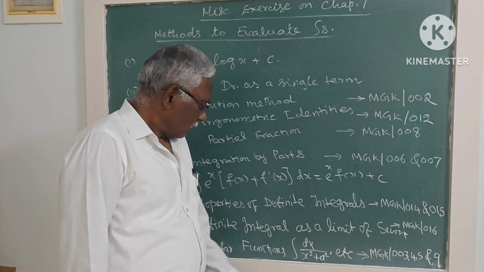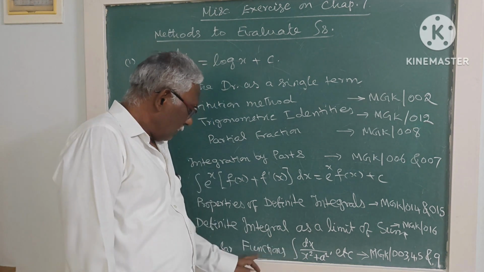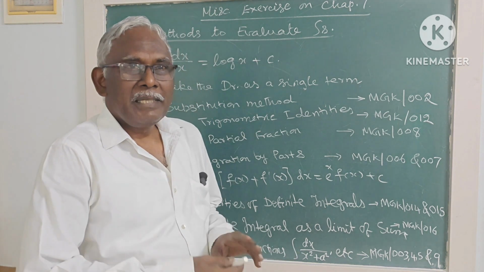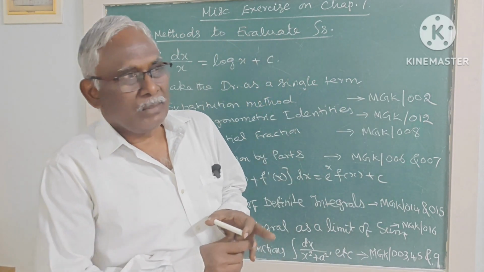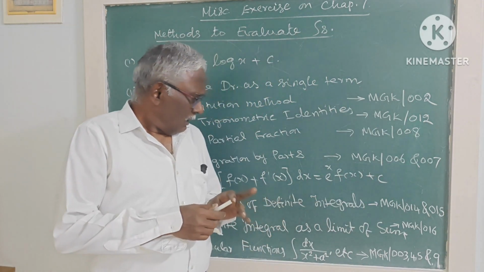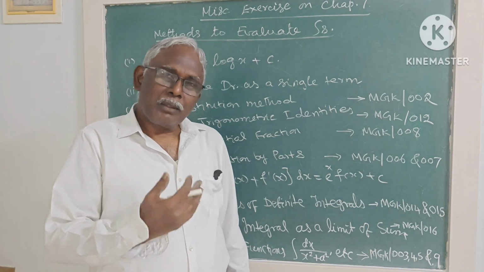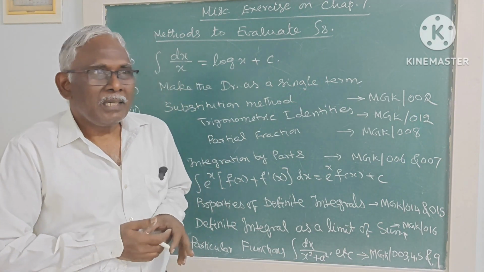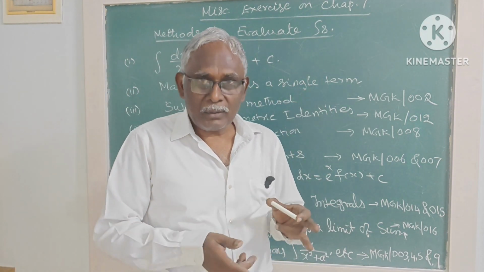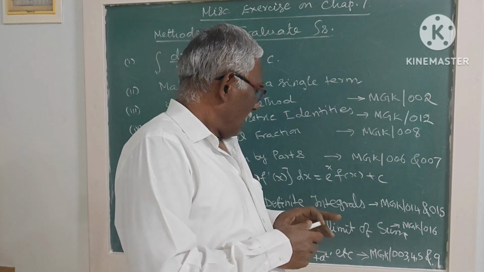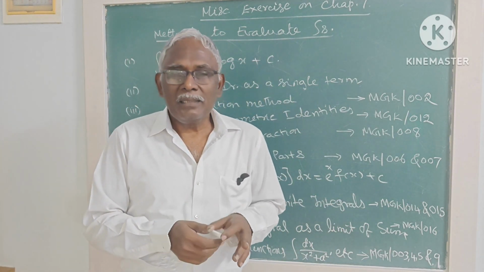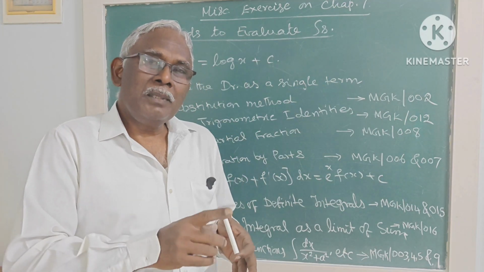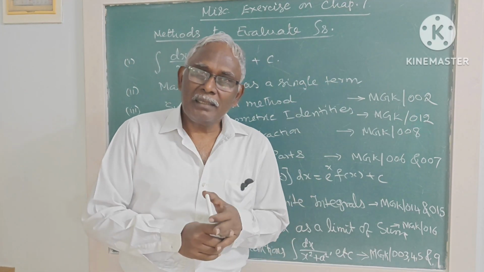Then particular functions. In the particular functions, we have integral dx by x square plus a square, dx by x square minus a square, integral dx by square root of a square minus x square, integral dx by square root of x square minus a square, and integral square root of a square minus x square dx, integral square root of x square plus a square dx, and so on.